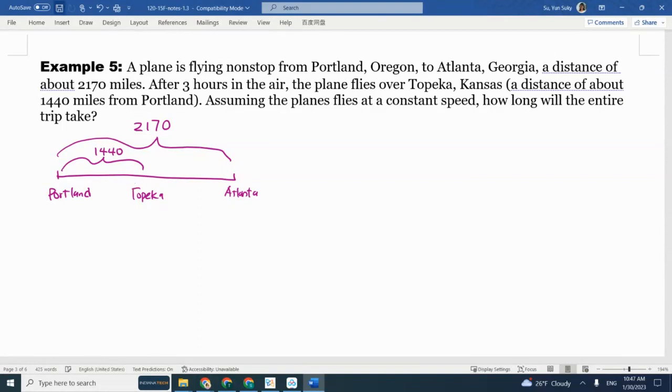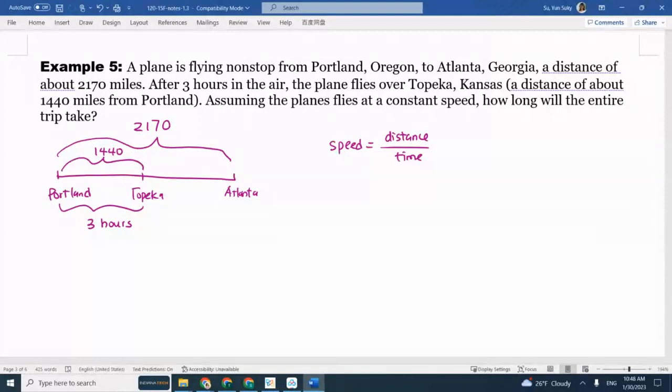And this is 3 hours. So it takes 3 hours. Have you learned physics before? You know speed is distance over time. Do you know that? Right? Now here, you see, from Portland to Topeka, the distance is 1,440 miles and the time is 3 hours. So we can use this to find the speed. Right, everybody?